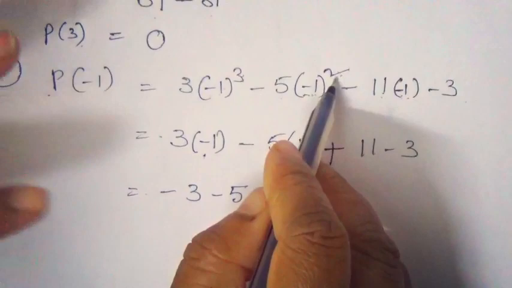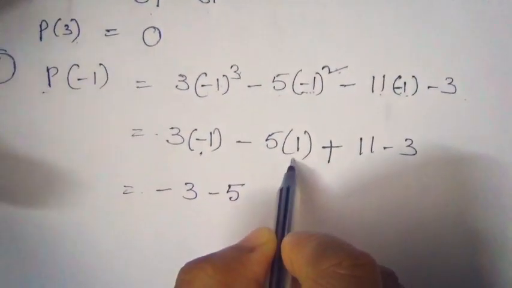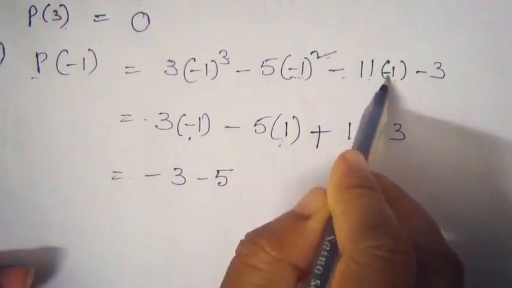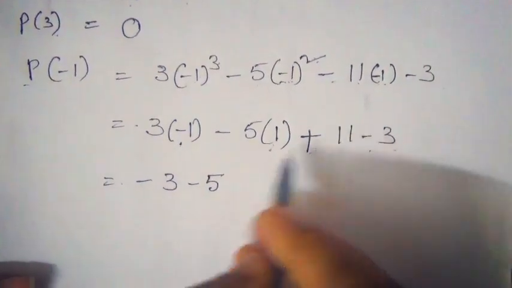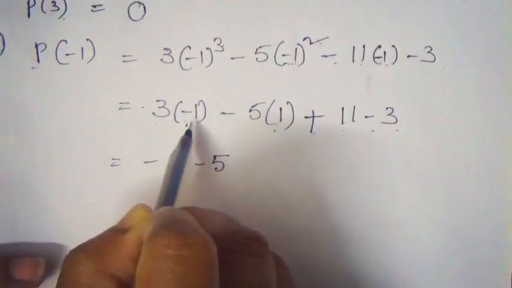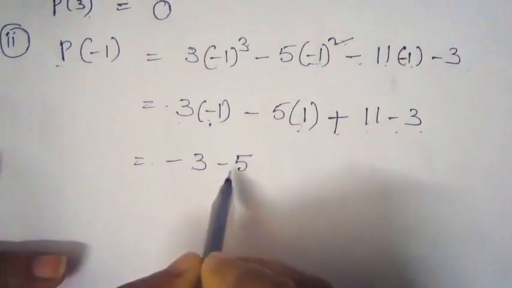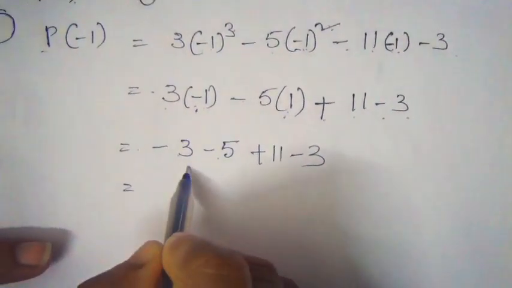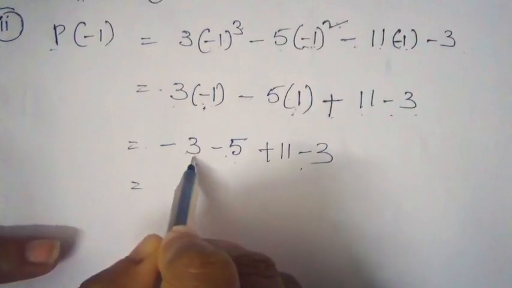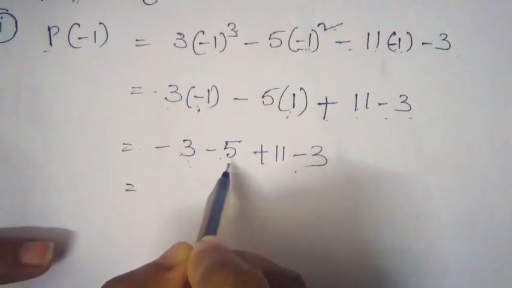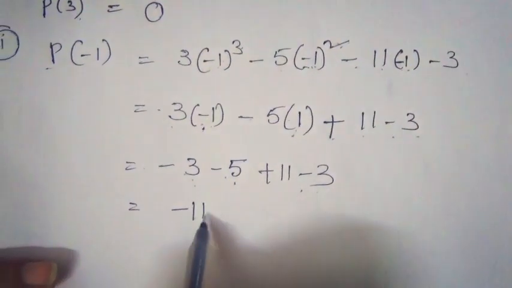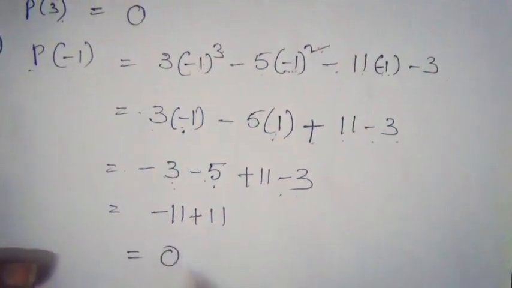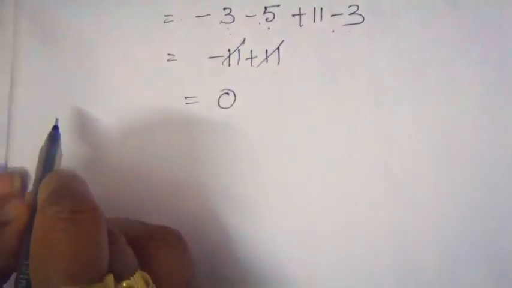Here the power is even, hence it becomes positive, that is 1. So minus of minus plus 11 minus 3. Here 3 into minus 1 is minus 3, minus 5, plus 11, minus 3. You just add all the negative numbers: 3 plus 5 is 8, 8 plus 3 is 11, minus 11 plus 11 gives 0. So plus 11 minus 11 cancelled.